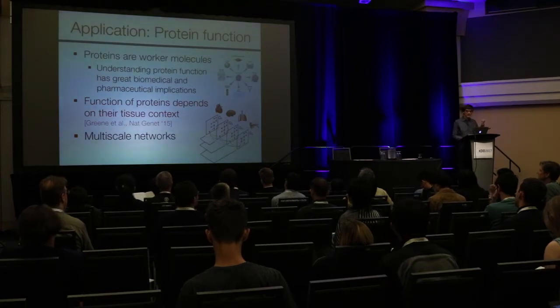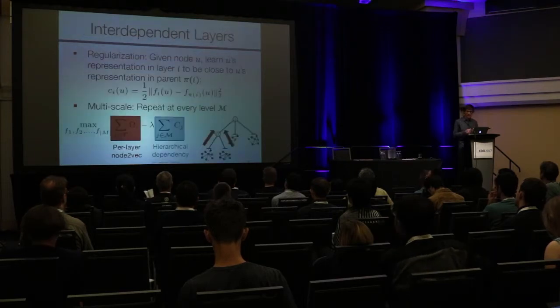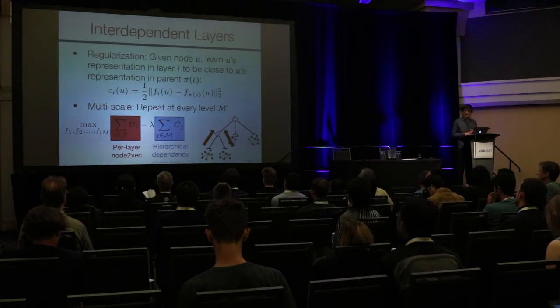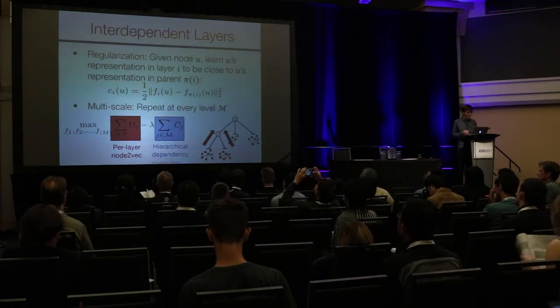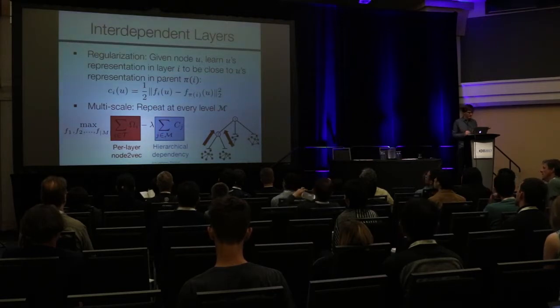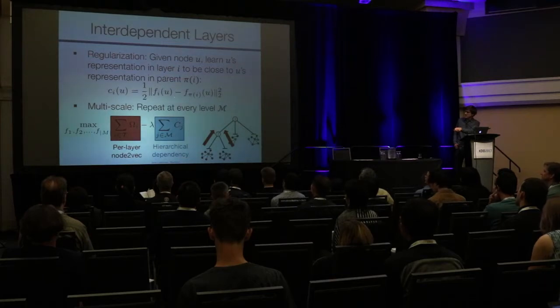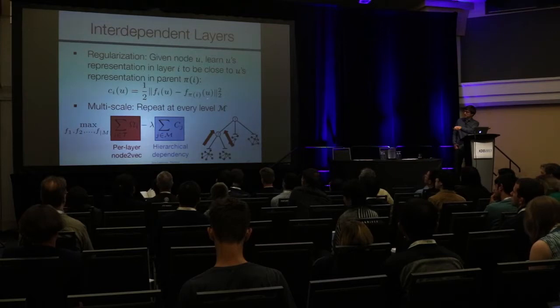Now I can use the method I just talked about, but extend it a bit by introducing hierarchical regularization. The idea is that for every node in every layer, I want to learn its representation based on the network neighborhood in that layer. But I also want to say that the position of node u in a layer should be close to the position of that node in the parent layer.